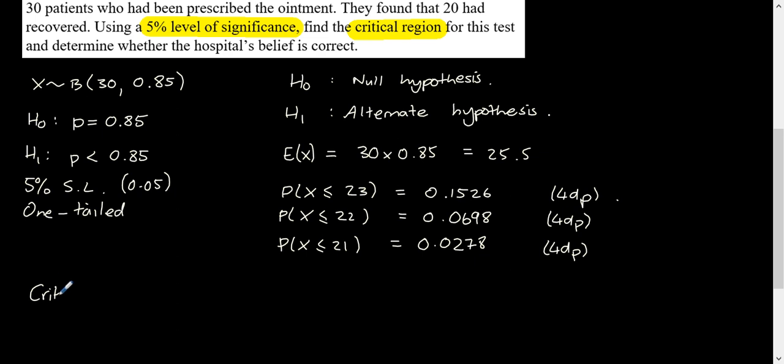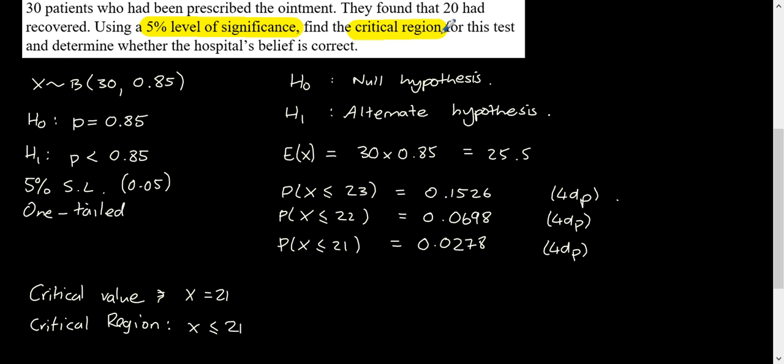We say two things first. The critical value is X is 21. That's the boundary. That's the point below which everything becomes significant. The critical region is X less than or equal to 21.